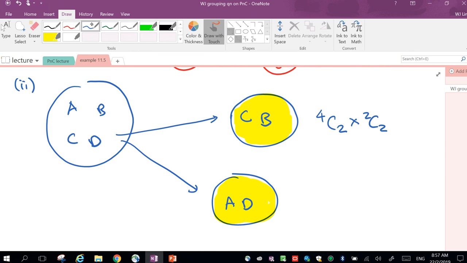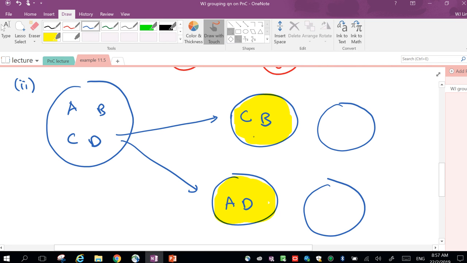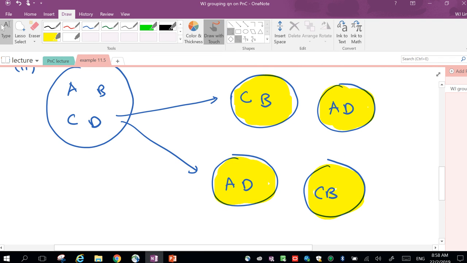Okay. But there's a problem. What's the problem there? Let me erase this first. Both are yellow groups. Your 4 choose 2, I happen to choose A and B first. Then I choose C and D. Are they the same?